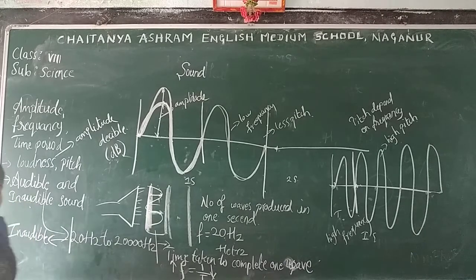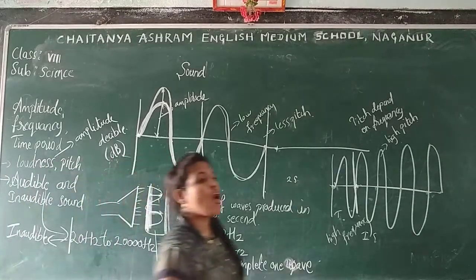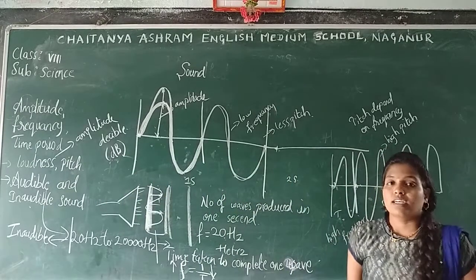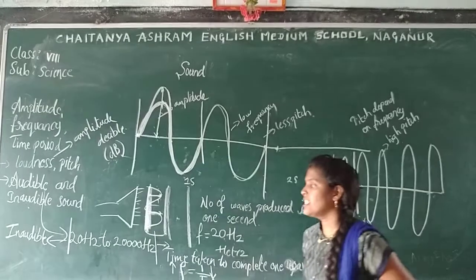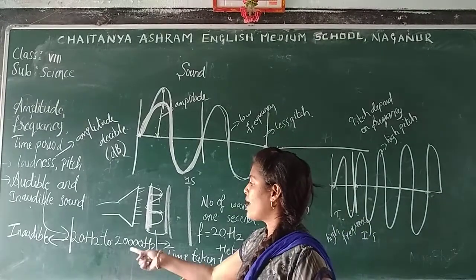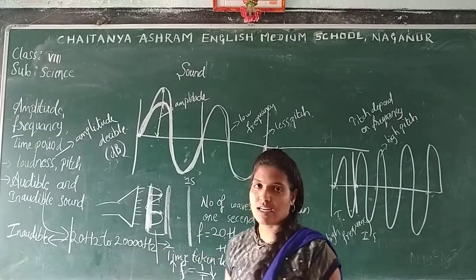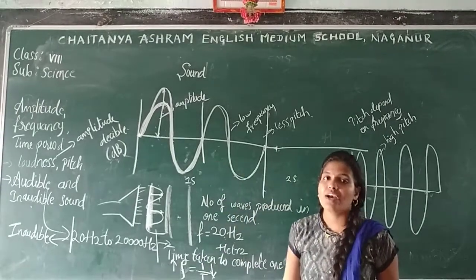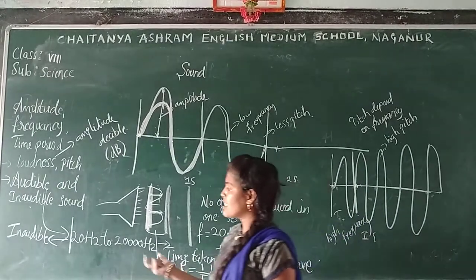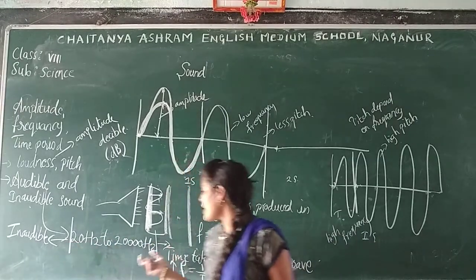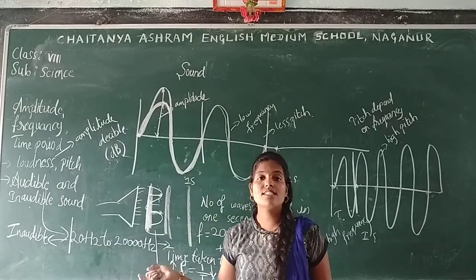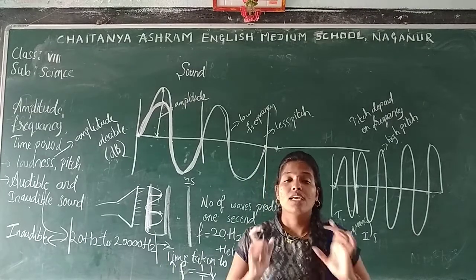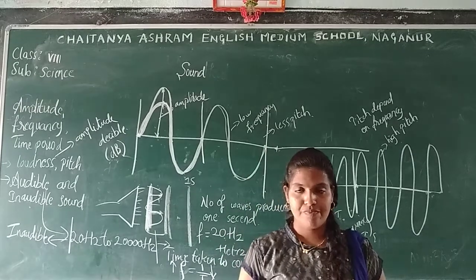So how do you define audible and inaudible? Audible sound means sound of frequency between 20 Hz and 20,000 Hz. Sound of frequency below 20 Hz and above 20,000 Hz, we call inaudible frequency.